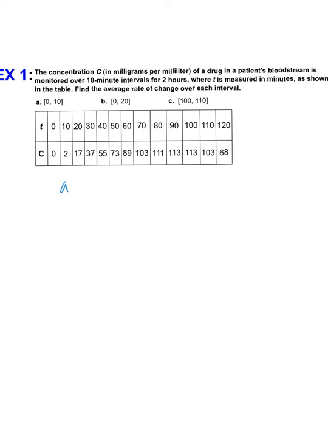All right, so for A, I am going to look at 0, 10, so I'm going to have to get the ordered pairs. So for the first ordered pair, I'm going to take my time of 0 right here, and its y value associated with that time of 0 is 0.